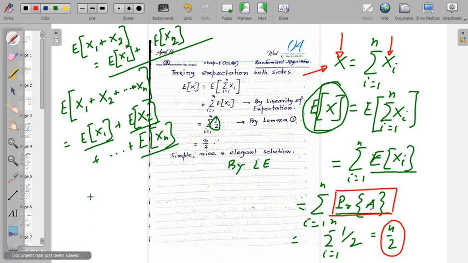Maybe 1 by 10, a 10% chance you are taking food in the hostel. Even less or more? More. So that A will be changing case to case. Otherwise, all the treatment will be the same.